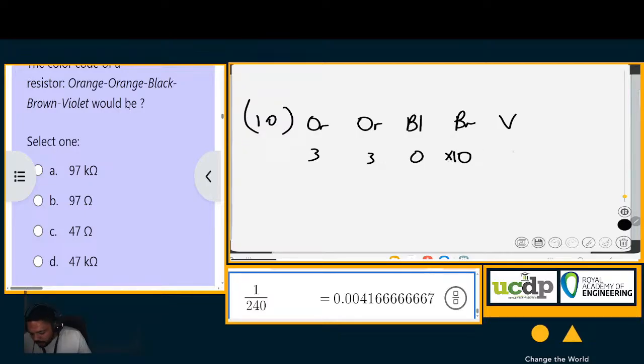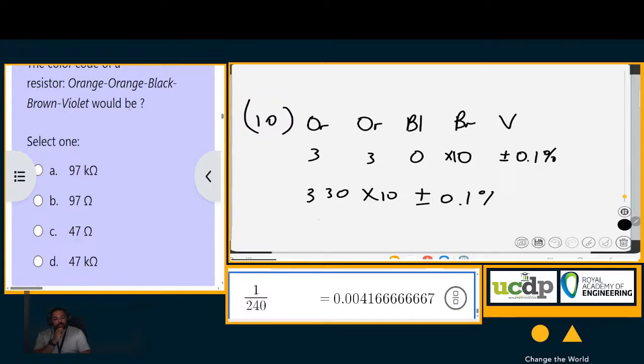And violet is your uncertainty or your tolerance, plus minus 0.1%. So you will write this as 330 times 10, plus minus 0.1%.